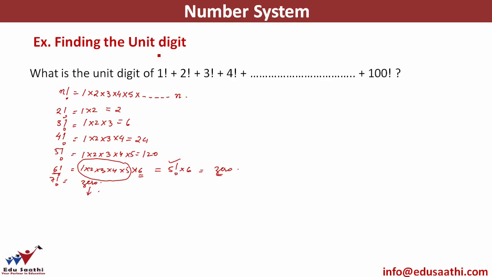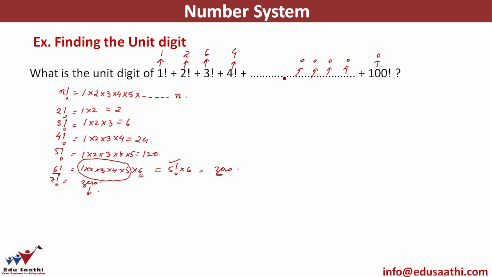So if I look at it, 1 factorial ends with 1, 2 factorial ends with 2, 3 factorial is 6, 4 factorial ends up with 4. 5 factorial will end up with 0. All the numbers greater than 5 factorial will always end up in 0.